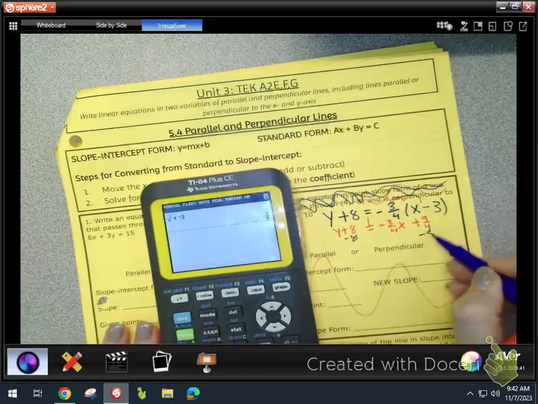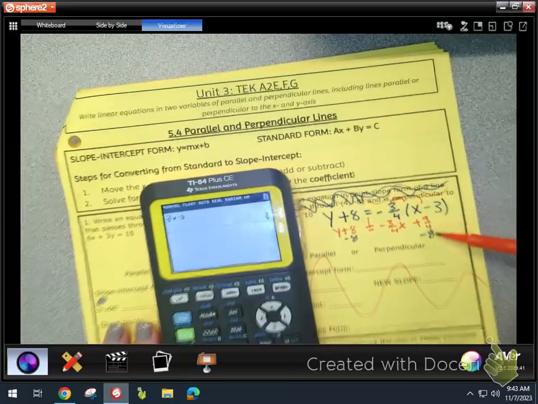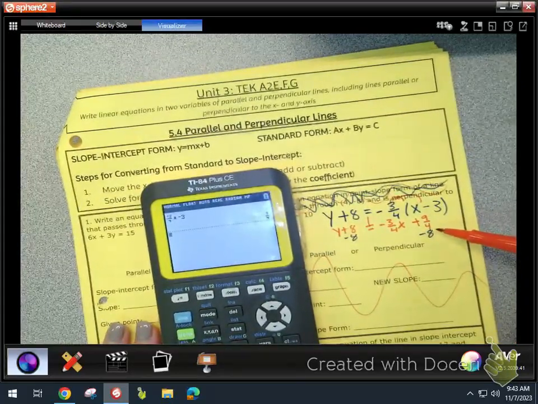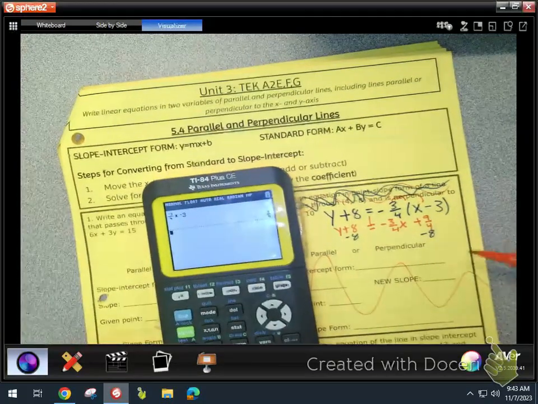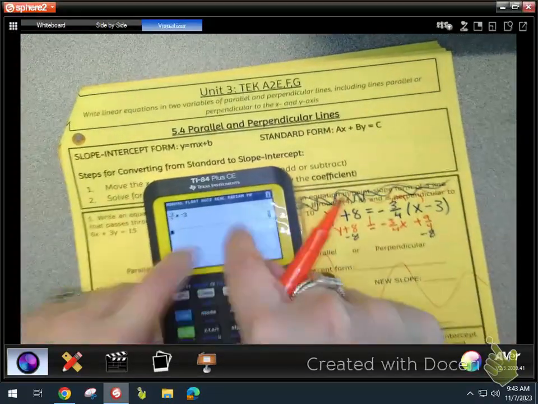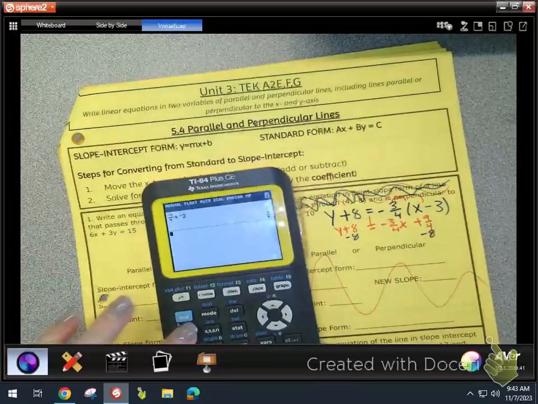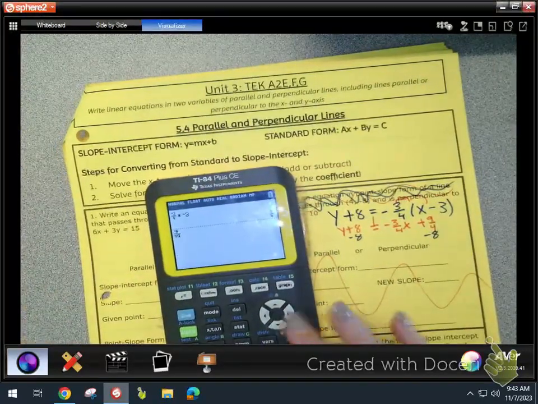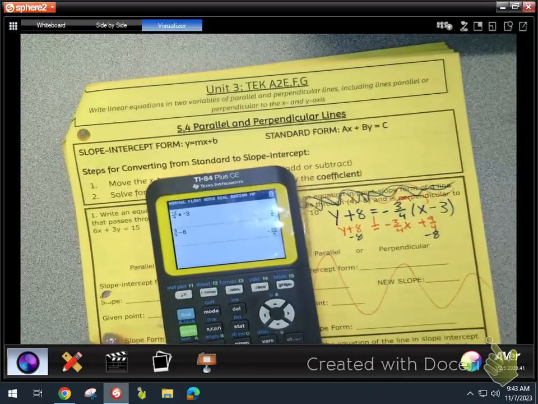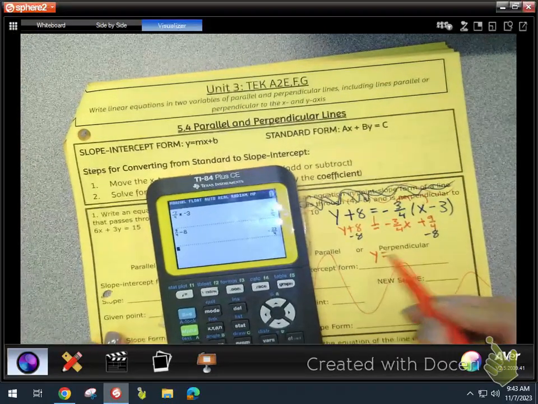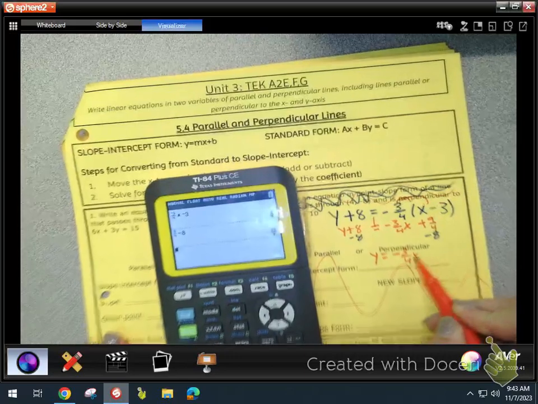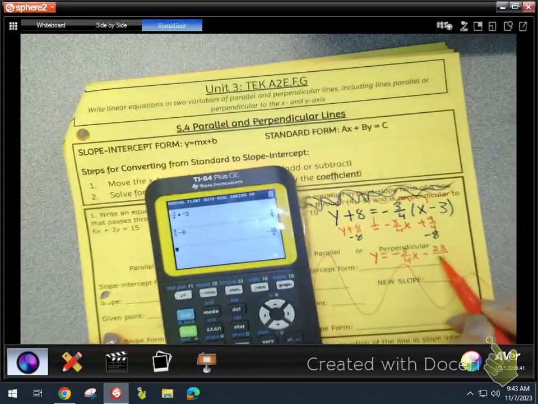Now I'm still putting 8 underneath this number that doesn't have an x. What do I do with that? 9/4 minus 8. Put it in my calculator. Y'all know how to do that, right? 9/4 minus 8. And so I get y equals negative 3/4 x minus 23/4.